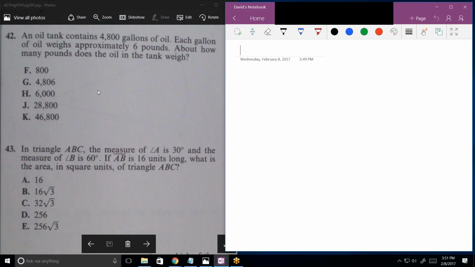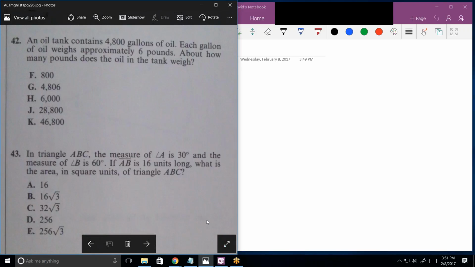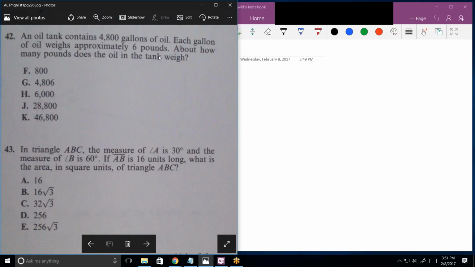I'm not even sure a calculator is helpful, because it takes you more time to multiply 6 times 48 than it takes to look at the answers and realize that it's got to be J.